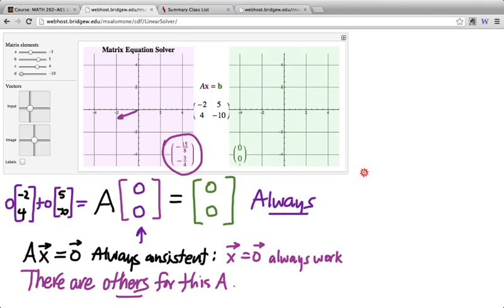And that's where the language of non-trivial comes in. When I say non-trivial solution to this system, that means other than the zero vector. Is there anything besides the zero vector that when we multiply it by A, we get 0, 0? In this example, the answer is yes, we at least have this vector. But then your group found at least several other examples of vectors that this matrix sends to 0, 0.